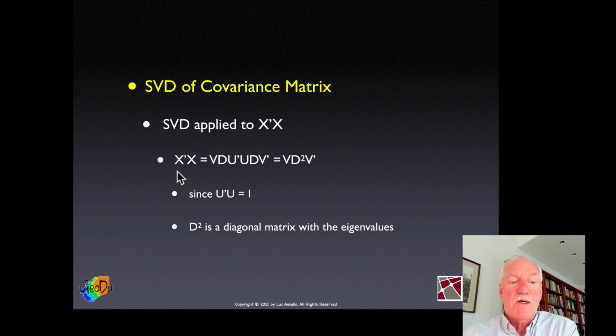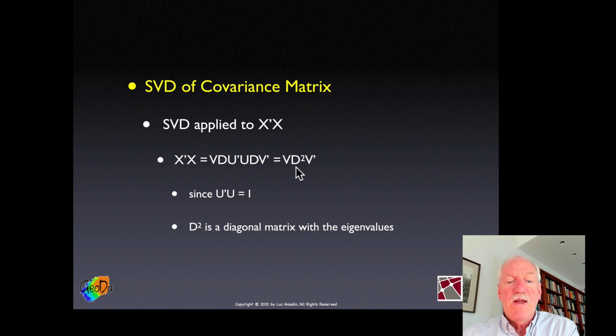So X prime X can be represented by this product of 6 matrices. Only we know, we just posited this, that U is orthogonal. So the product of U prime with U is an identity matrix. D is diagonal, so the product of 2 diagonal matrices is a new diagonal matrix with the squares of the elements on the diagonal. So now we have something that looks very familiar.